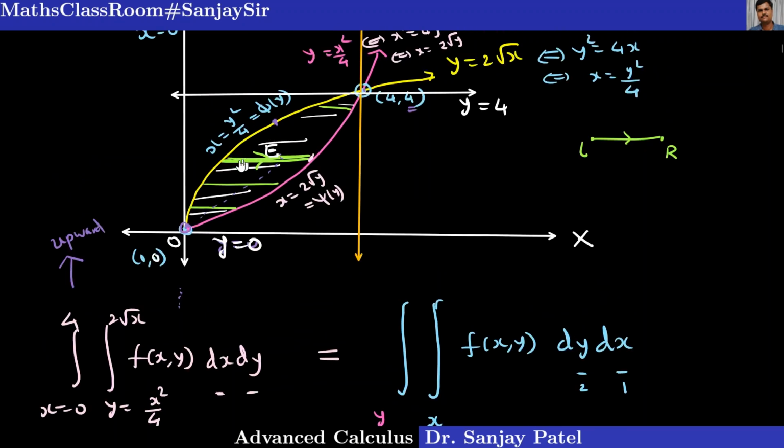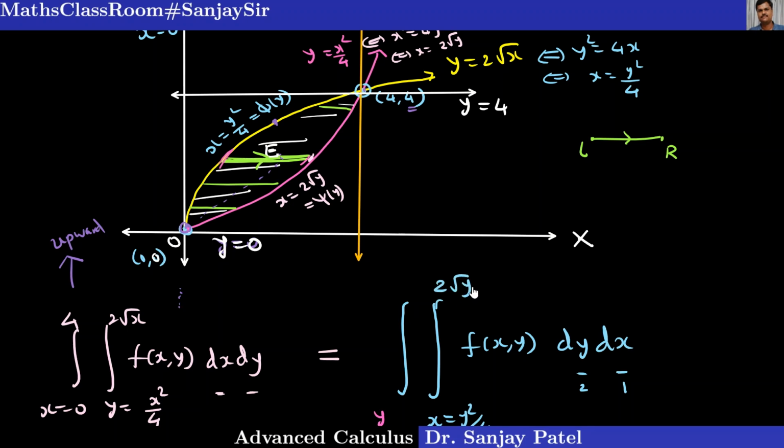Our x varies from this curve to this curve. So x varies from phi of y to psi of y. That is, x varies from y square by 4 to this curve, that is 2 times root y.